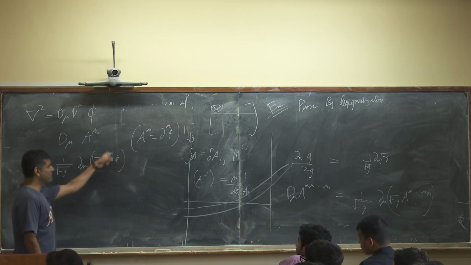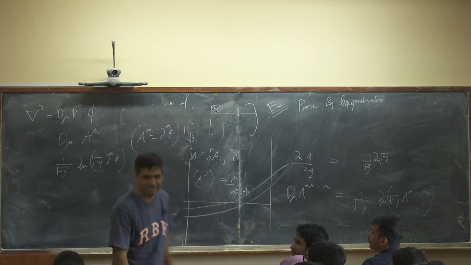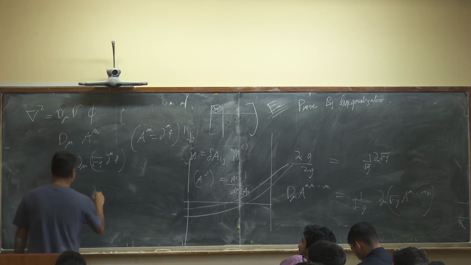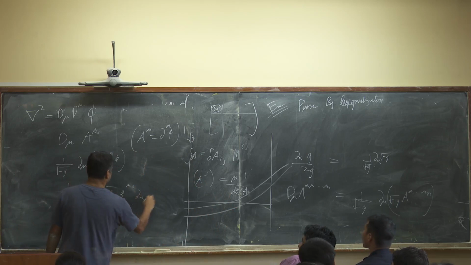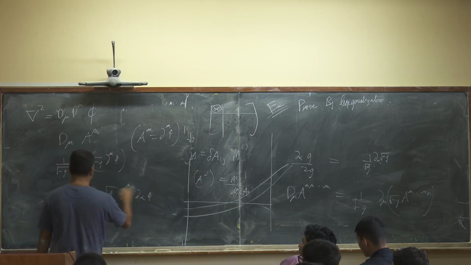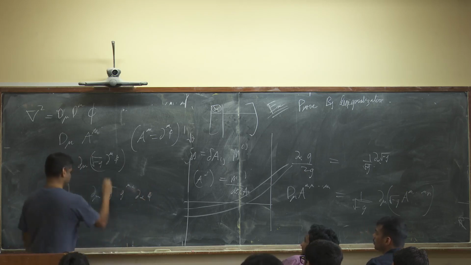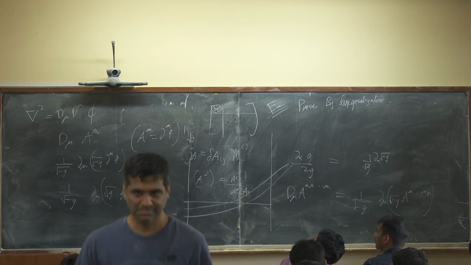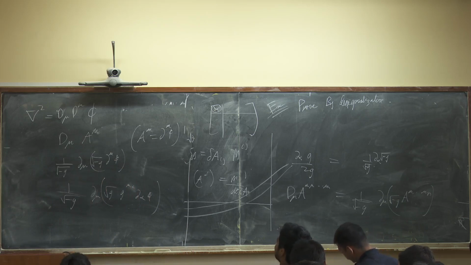And if you don't like derivatives with upper indices, because derivatives are naturally lower index objects, we can make it more explicit. We can write it as 1 over square root minus g, d mu, square root g, g mu alpha, del alpha. So the formula for del squared acting on a scalar is this formula.